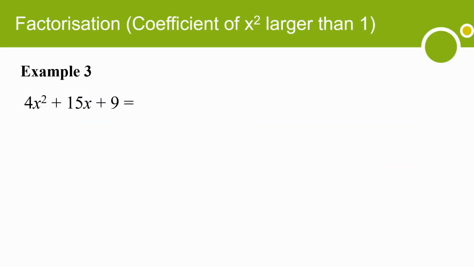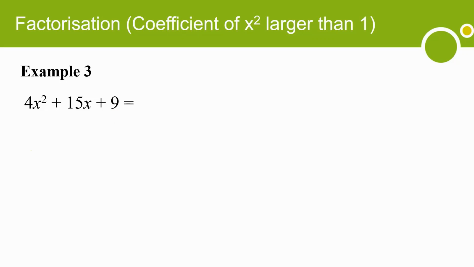Okay, now let's look at an example which is more complicated, which we are going to use the faster method to solve, which can be applied across all types of quadratic expressions. And now we look at 4 and 9. You know that 4 has more than 2 factors, and 9 has more than 2 factors, which will give us too much trial and error.